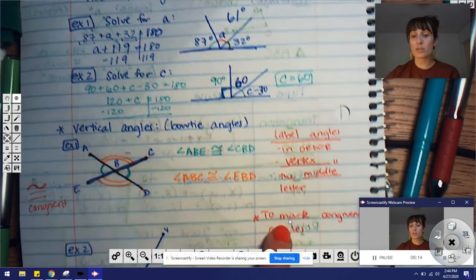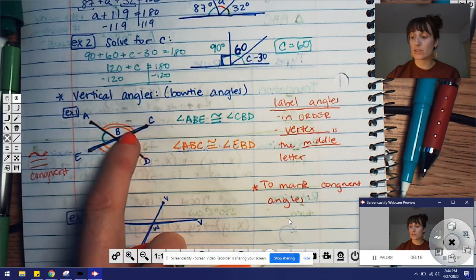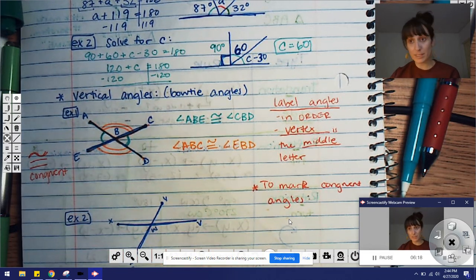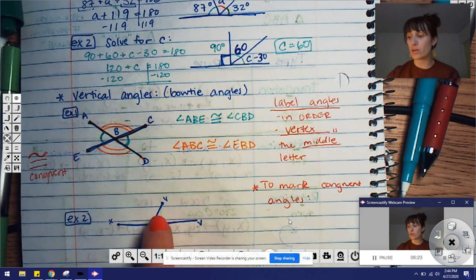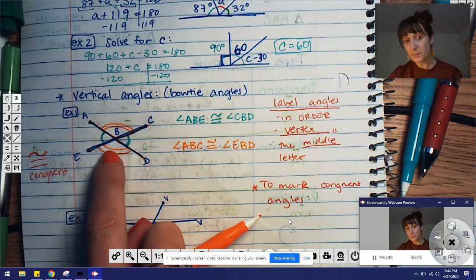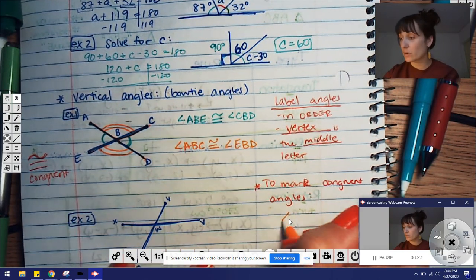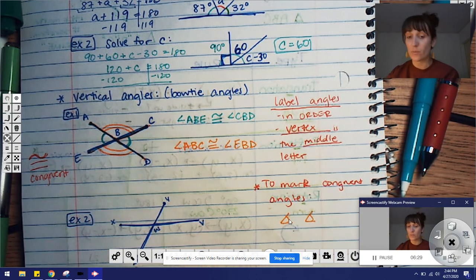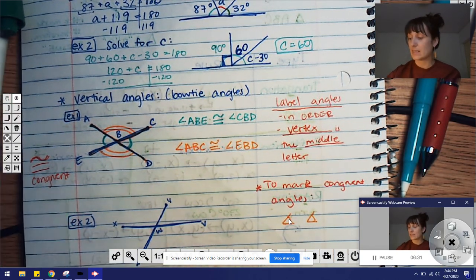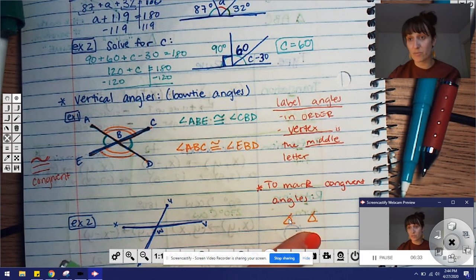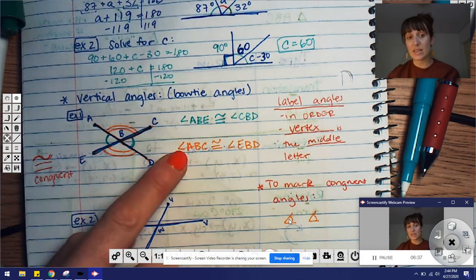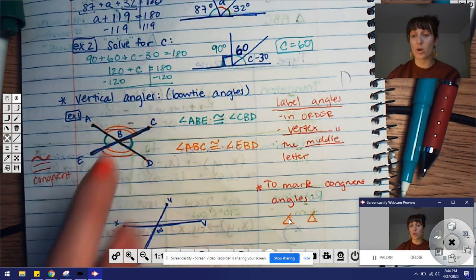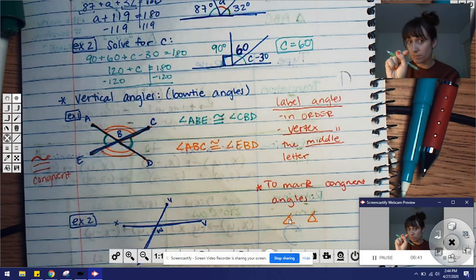To mark congruent angles, you might have noticed how I drew in little curves. That's actually a really specific math thing. So when we want to show that angles are congruent, that's how we do it. Sometimes on a picture, you might have more than one set of congruent angles. ABE and CBD were congruent, so I marked them with one little curve.